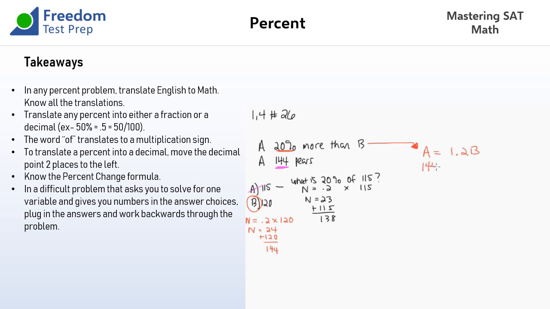So if we plug in 144 for A and we work the math out, this is like saying 144 divided by 1.2, and then we just move the decimal. So this is actually 120, which is the answer. You can see there's a lot less work here, but this part is the challenge. That is hard to get. All right, so that's that.